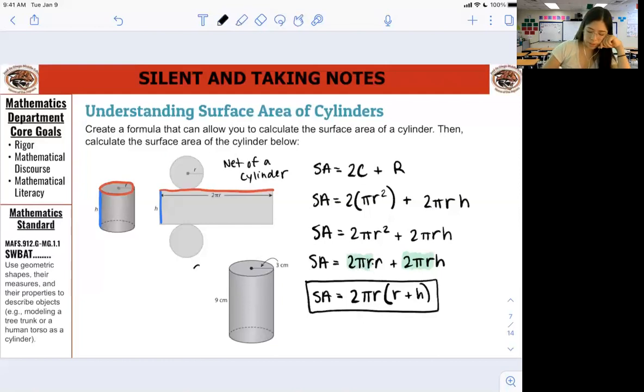And now here's an example. We can use this example and plug everything in, and we can get our answer. So 2 pi times 3 times 3 plus 9. Let me know what you get.